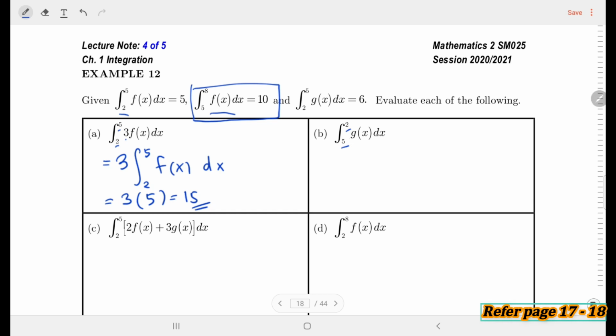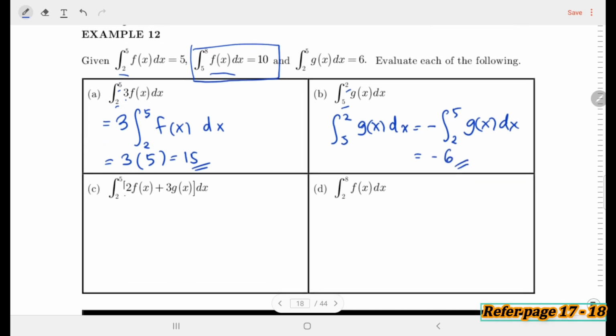The integral from 5 to 2 of g(x) dx equals negative the integral from 2 to 5 of g(x) dx. The integral from 2 to 5 of g(x) dx given in the question is 6, so the answer is negative 6.